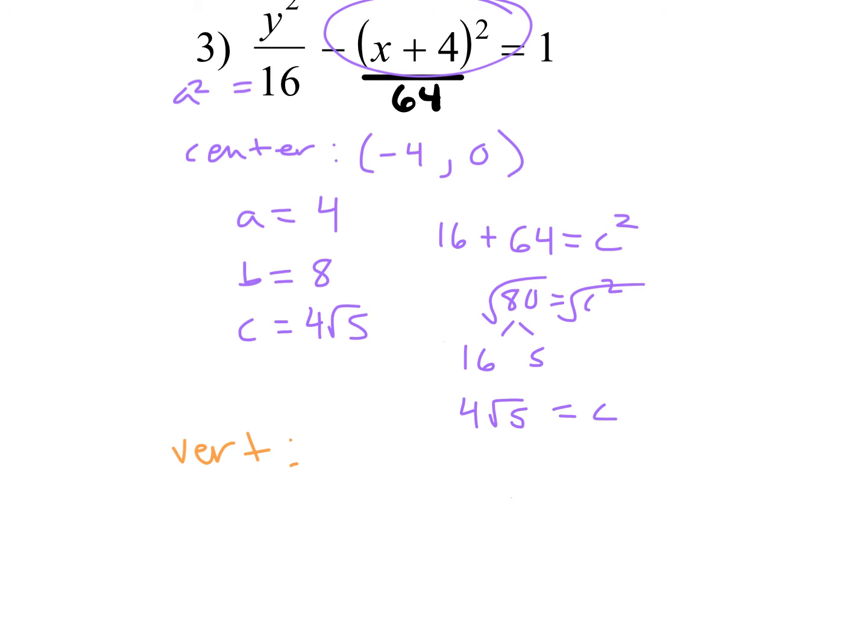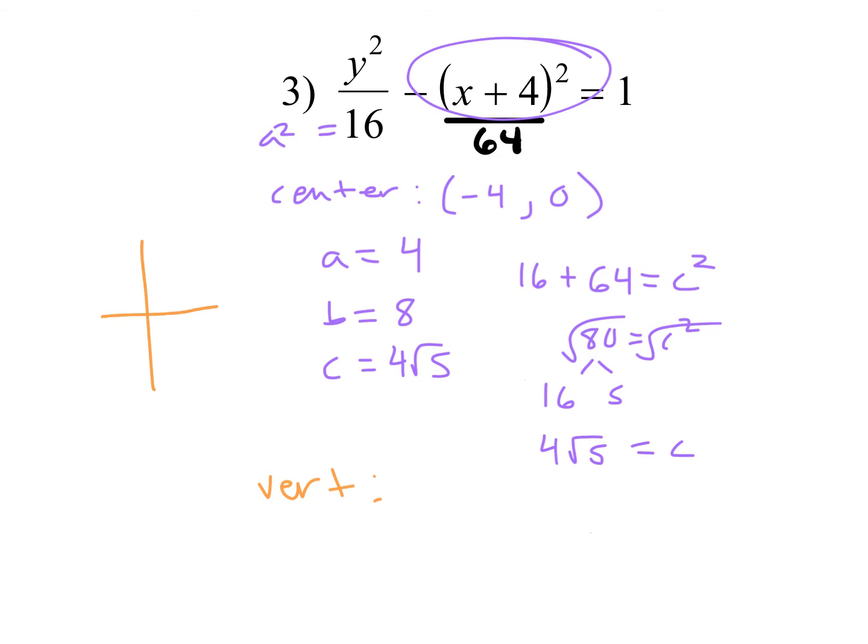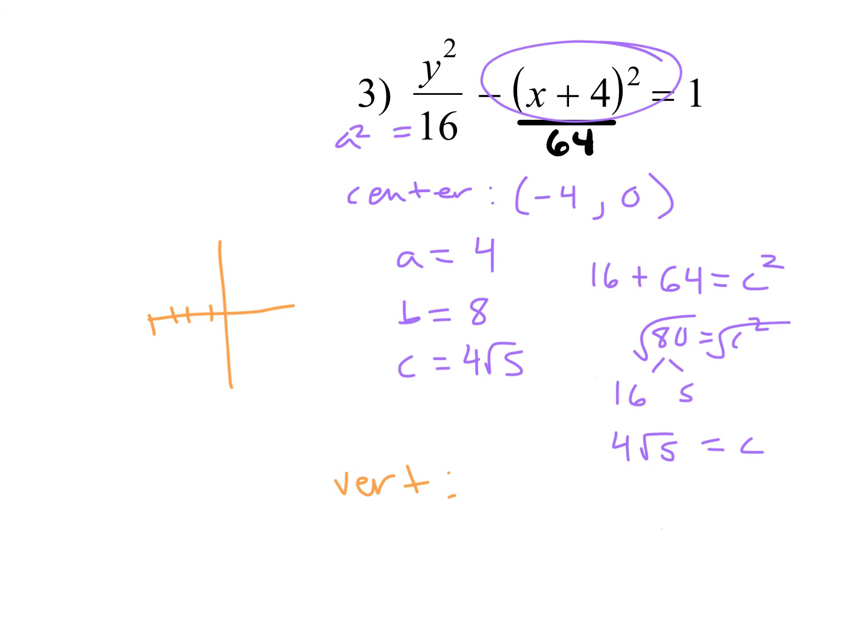So first, let's find the vertices. I'm just going to graph it so I can see it. I go to the left 4 and stay on 0. So that's my center. Am I moving vertically to find my vertices or horizontally? Vertically. Because my y comes first, I'm going up and down. What's the distance between my center and my vertex? 4. So I'm going to go up 4 and down 4.